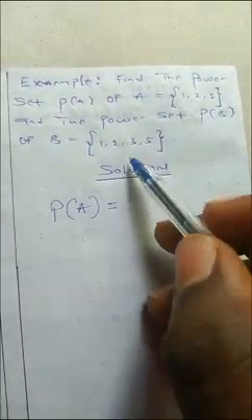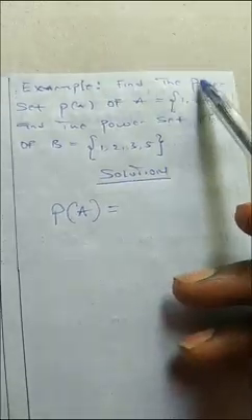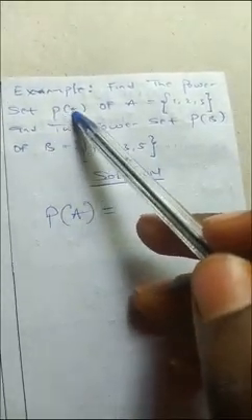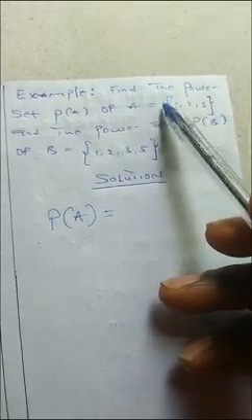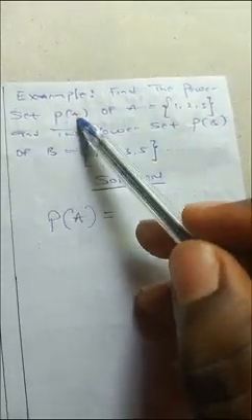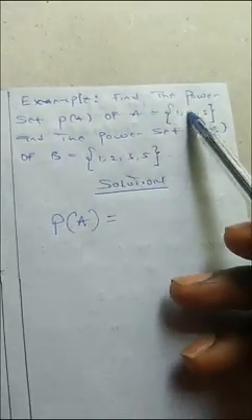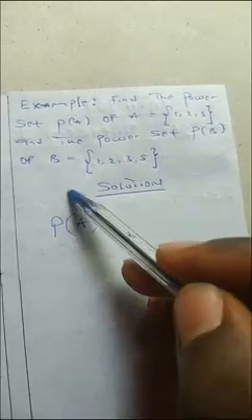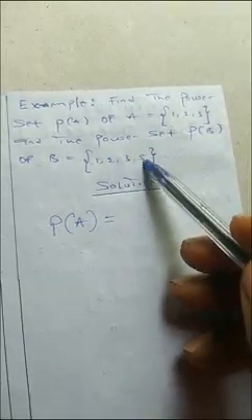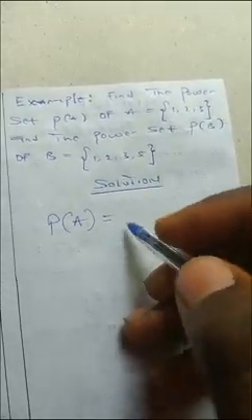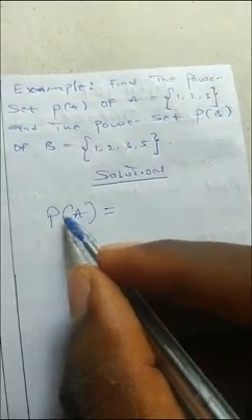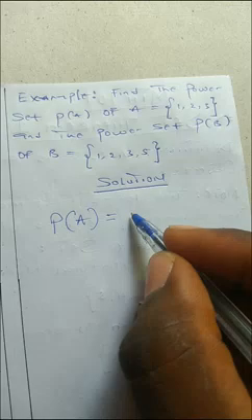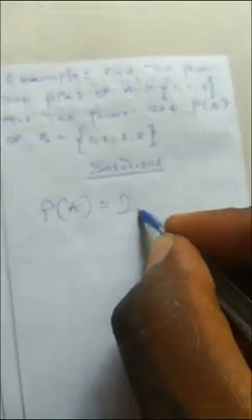All right, to solve this example, find the power set P(A) of A equal to {1, 2, 3}, and the power set of B equal to {1, 2, 3, 5}. Let's get the power set of A by formula method. P(A) is equal to 2 raised to the power of the cardinality.